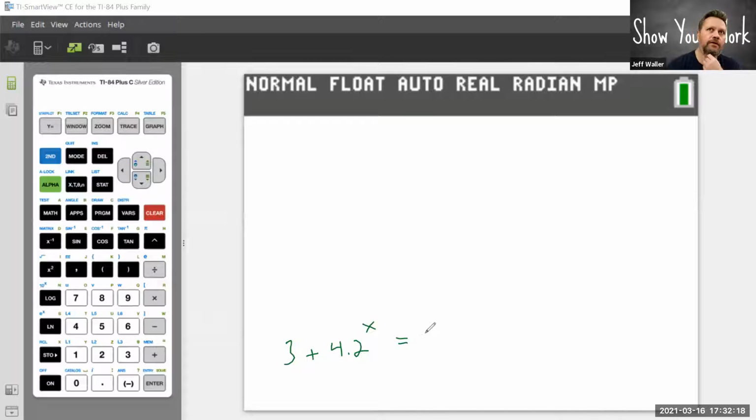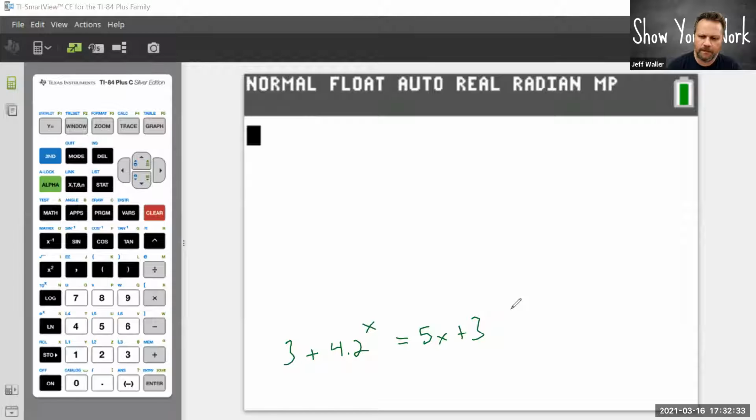Equals 5x plus 3. Let's all find out if this has an answer. Yeah, it does. It has too easy of an answer, actually.